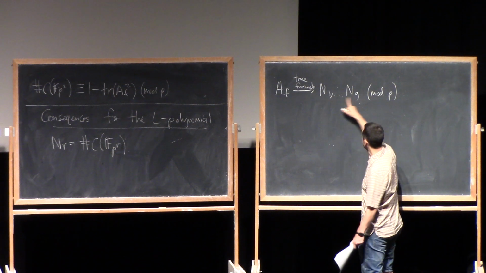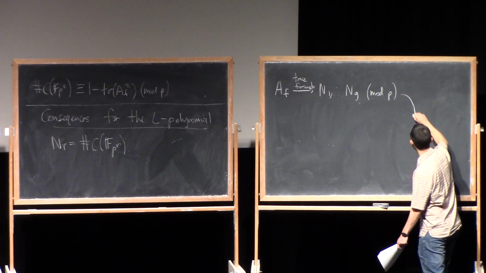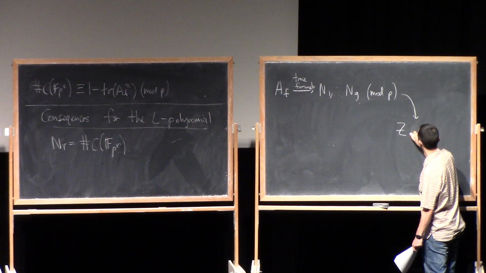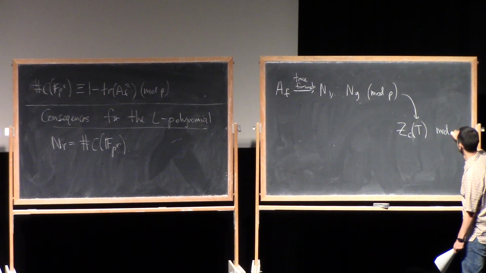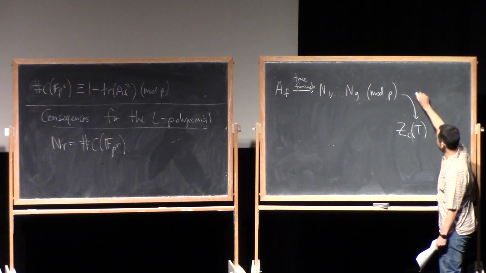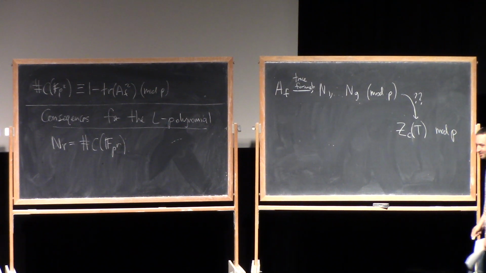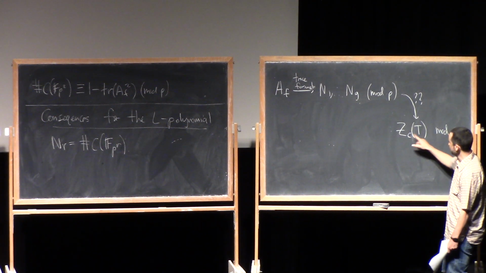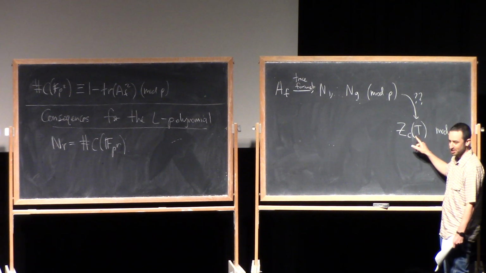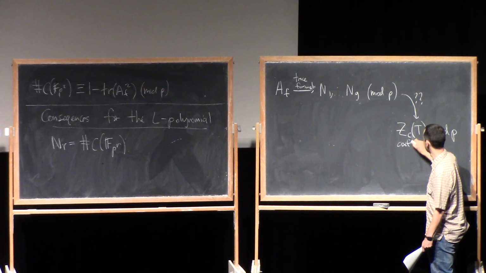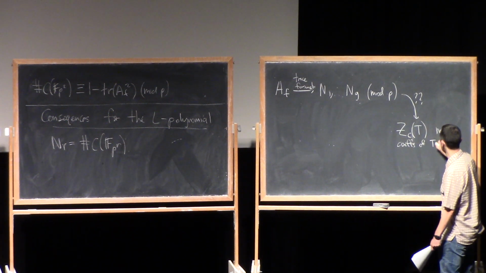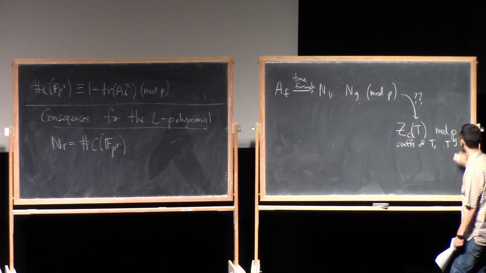So first you take these numbers, and then you would try to compute the zeta function modulo p. I'll put question marks here. And when I say the zeta function modulo p, I really mean just the first g coefficients, the coefficients of t up to t to the g.